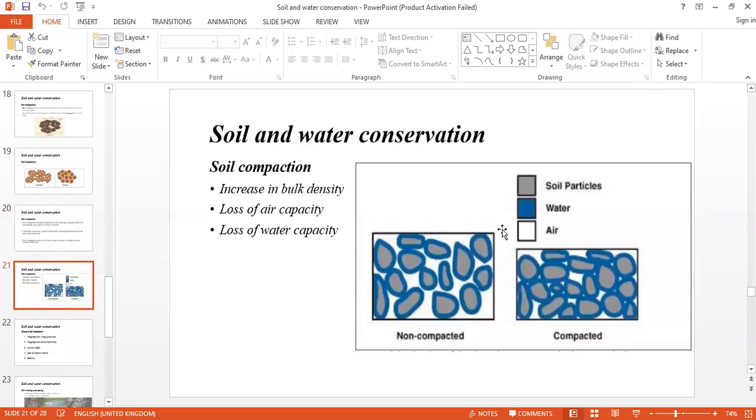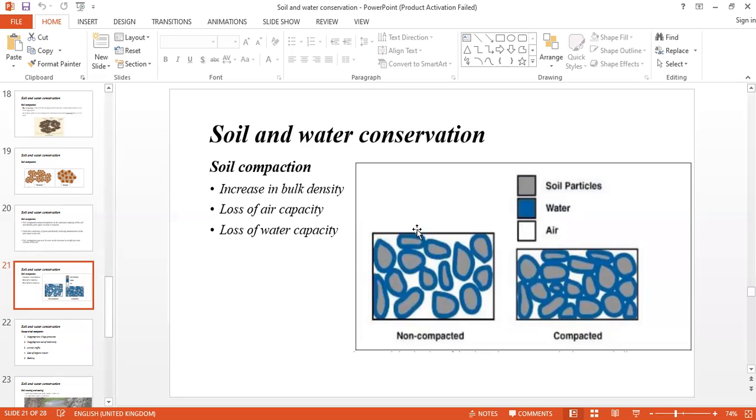If we look at this diagram here, it's basically what I was talking about. If you have a non-compacted soil, it fits a certain volume here. So it has soil particles, and it has these white areas where there's air.